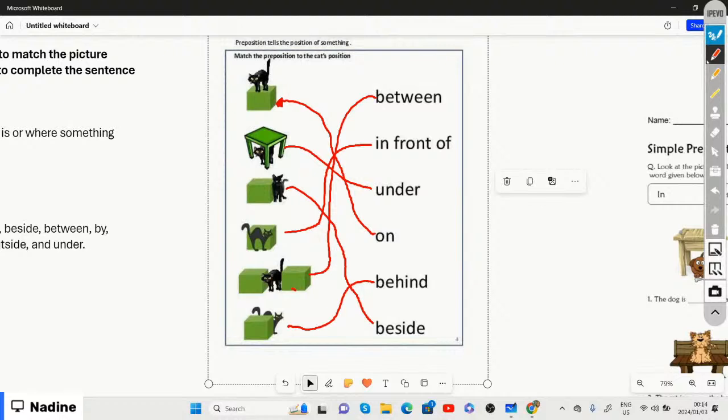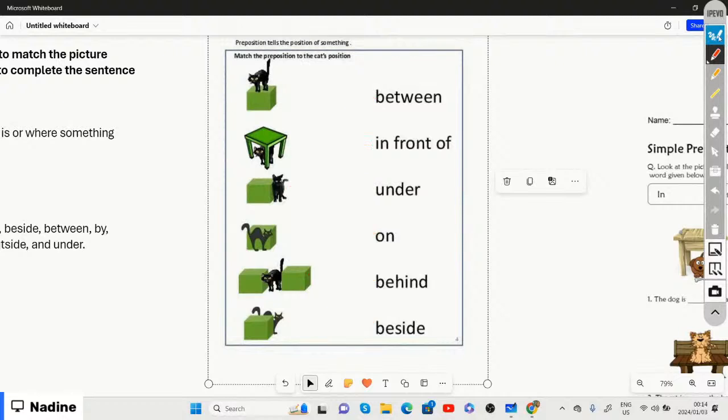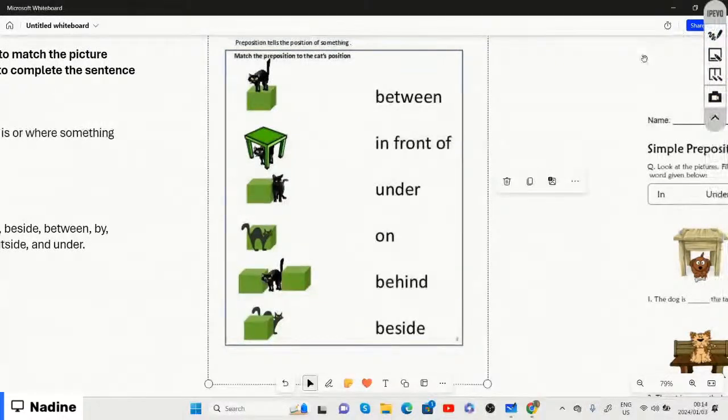So that is but a few examples. And once again, a preposition is something that tells us where something is or where something is happening.